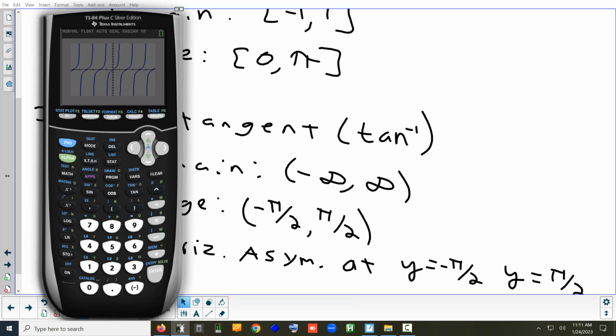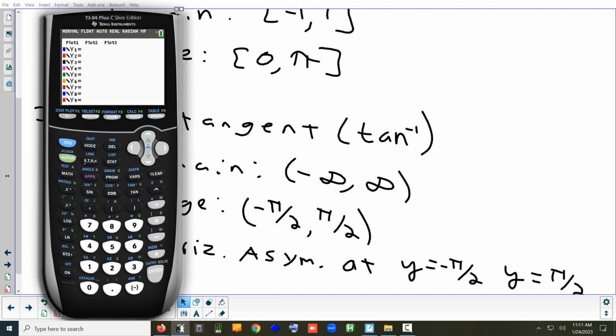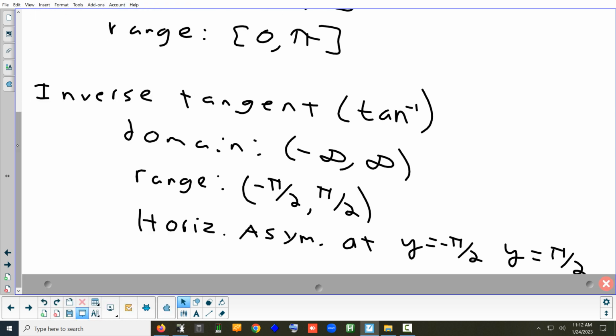If you want to see it better, you can do a better picture of it. Let's graph inverse tangent. So your domain goes left and right forever, but it's going to have horizontal asymptotes at negative 90 and 90, or negative pi over 2 and positive pi over 2.